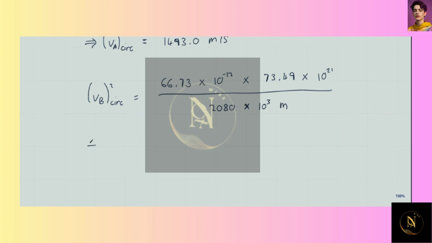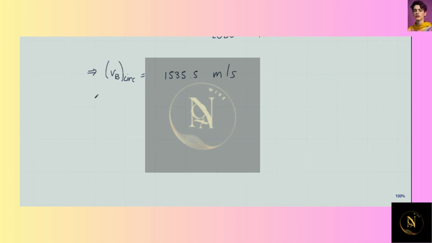And hence we get the speed of the circular orbit of the satellite in orbit B is equal to 1,535.5 meters per second. So now we have the speed of both orbits.